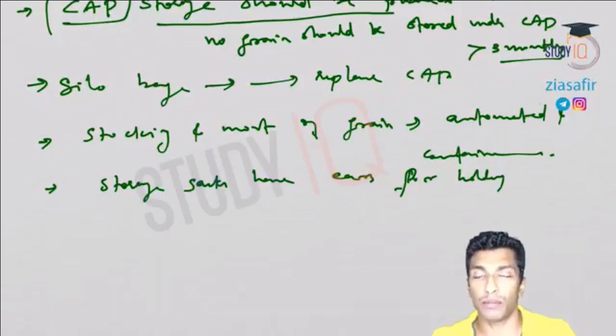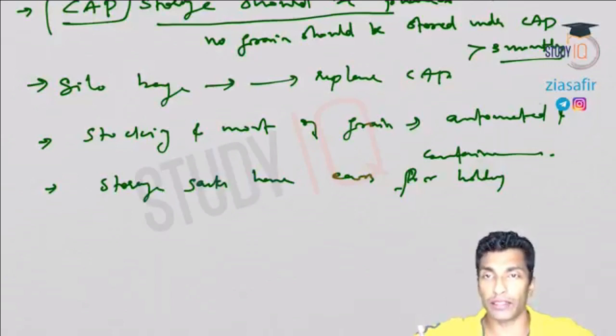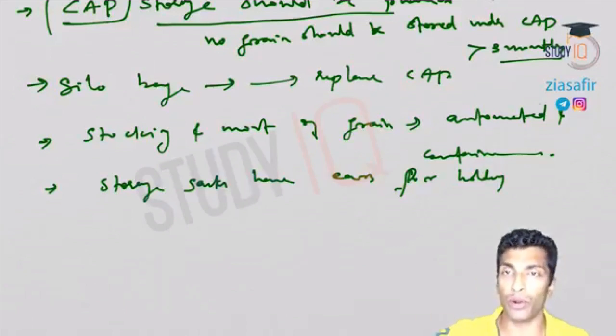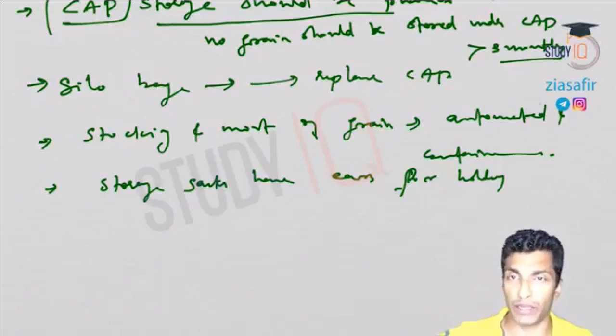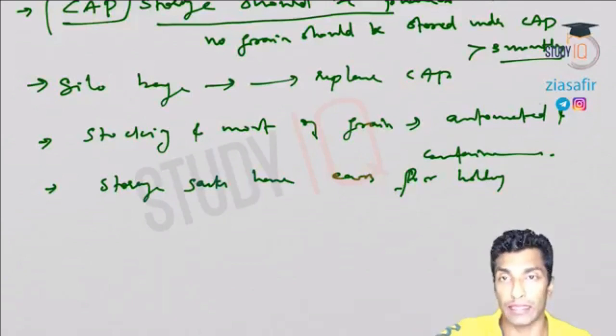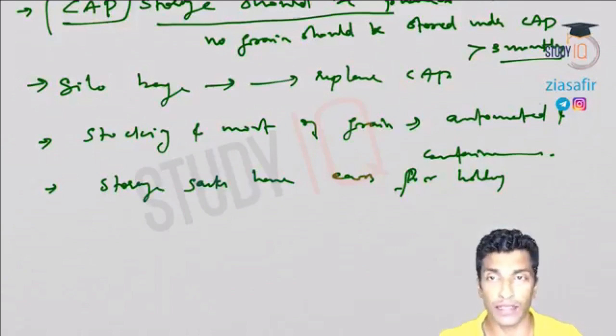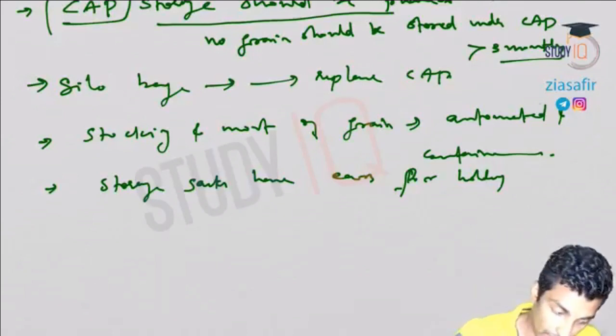See why this is because when you have this ears for holding, it helps not to waste the food grain. Otherwise when they unload and load, that lead to wastage, because they may use something to hold, so there may be holes which will come in the sacks. So if you have ears to hold in the sacks itself, then you can avoid putting that hole, and then there won't be any wastage, okay.